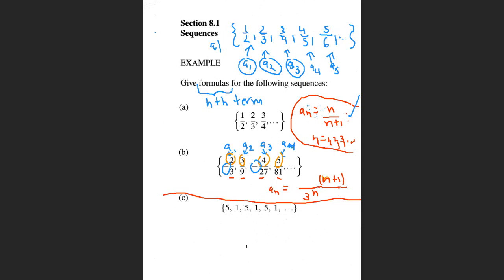So we have to put something in the formula that's going to oscillate back and forth between negative and positive numbers.